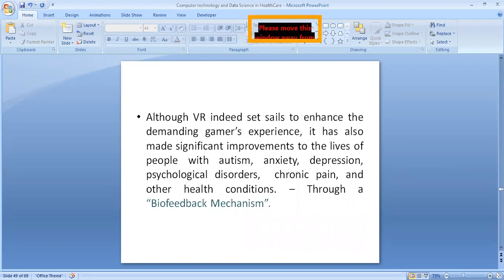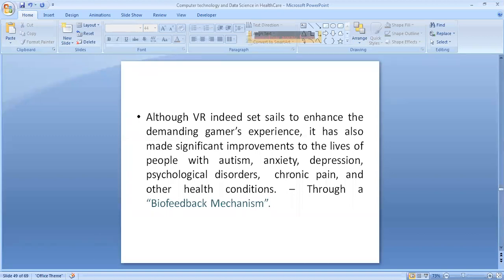biofeedback mechanism. Our body system, if you take it, is a highly sophisticated system, but it always has its own tendency to resume back to normal if even small clues are available to it. It is contributing through the biofeedback mechanism.